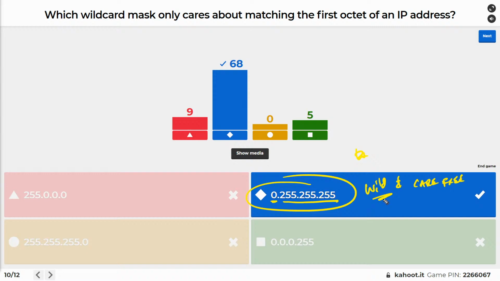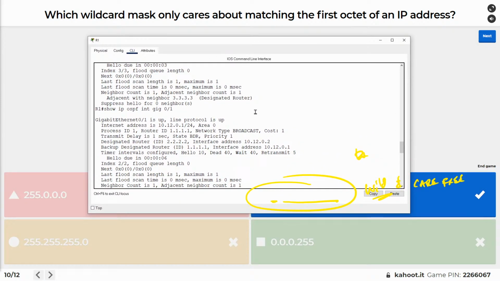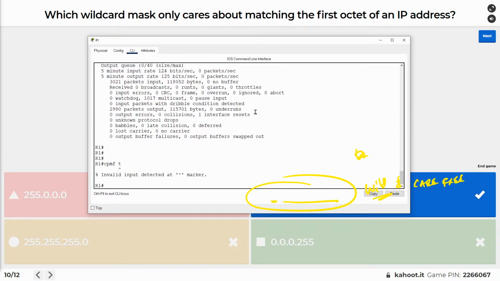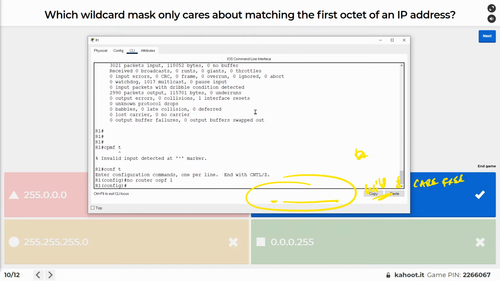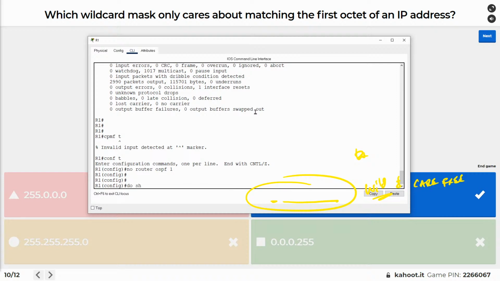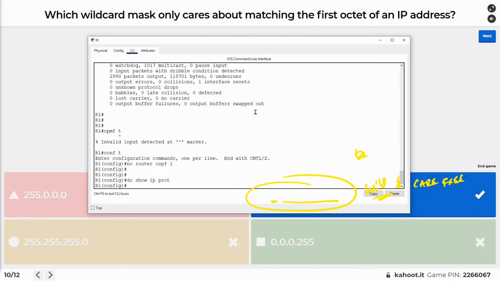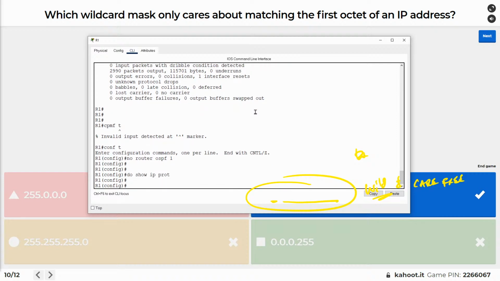So if we had an address, like if we did a network statement in OSPF, let's just do it real quick as an example. This is R1, and it's currently no router OSPF 1. It's not running OSPF anymore. We can verify that with a do show ip protocols. No RIP, no OSPF, no EIGRP, no BGP.